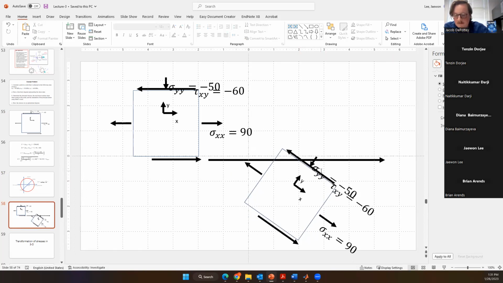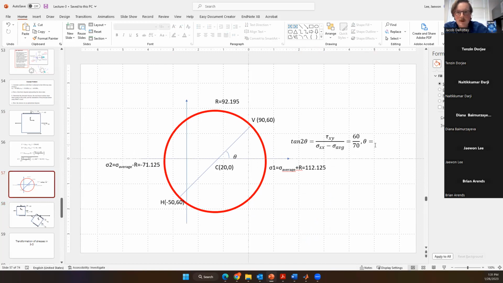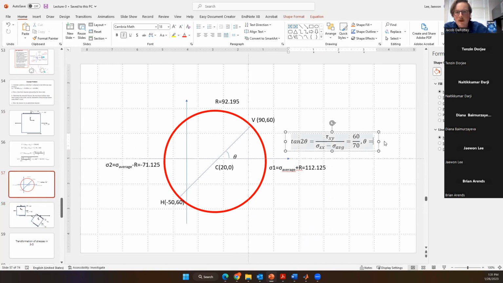For theta, I got 40.60. Be careful, this is just theta. I forgot I got the times that by 2. So 81.2. 81, yeah.